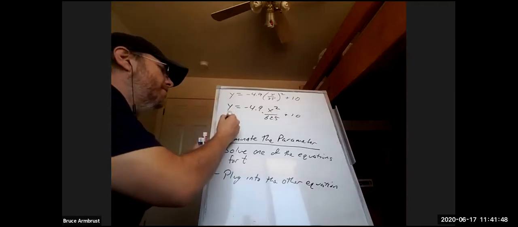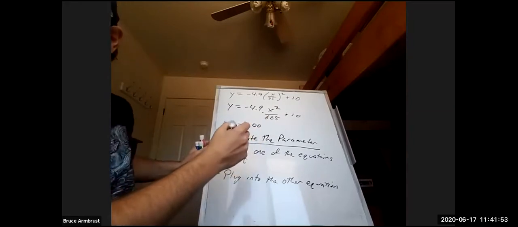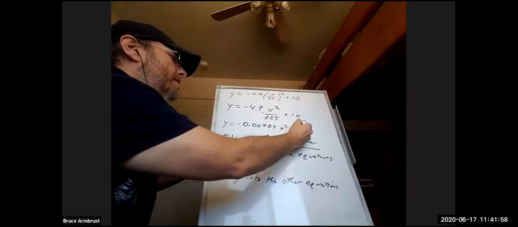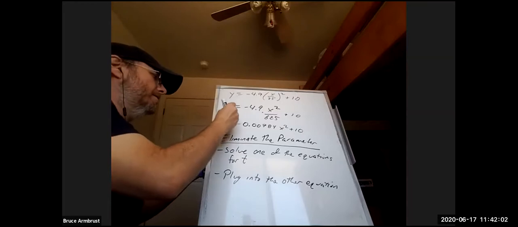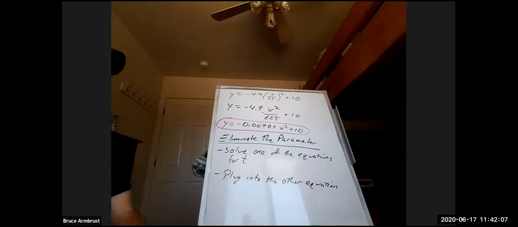So we have y equals negative 0.00784 x squared plus 10. So let me put a circle around that. And so there is the equation in rectangular, in the way that we are used to seeing them. That's the equation of the path that baseball is following.